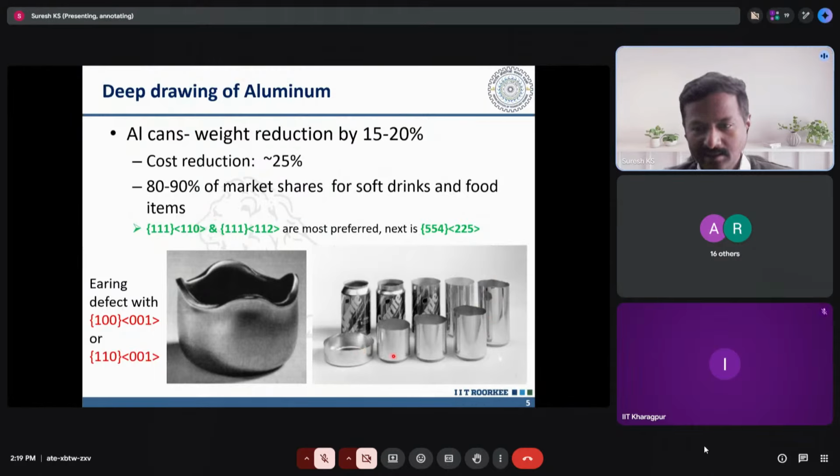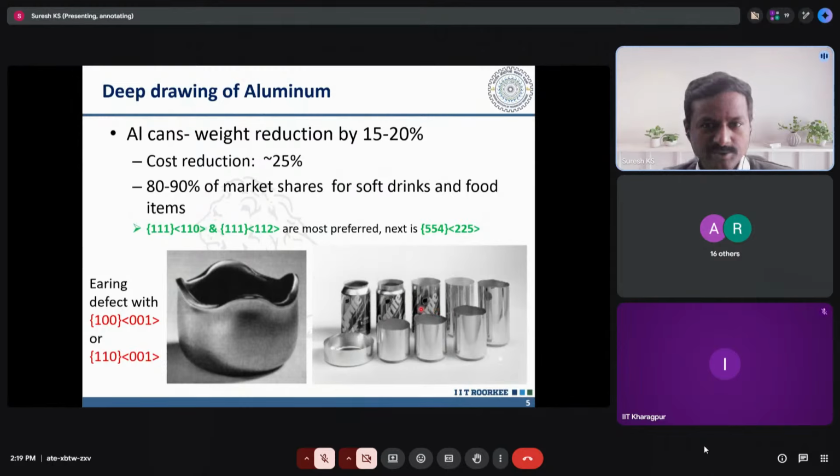As you can see here, with the different examples, these cans have been drawn to different extents. Now depending upon the extent to which you can draw, if I can draw to a larger extent, I can use a smaller weight of material to hold the same amount of food or fluid.